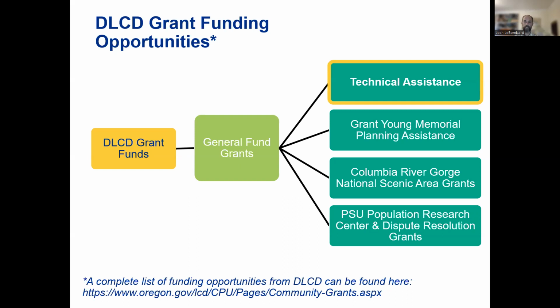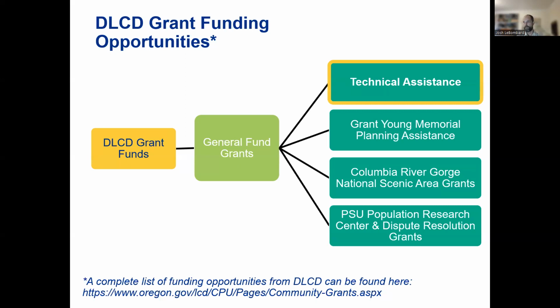Our budget for technical assistance this year is, I think, roughly 1.7 million or so. But that is broken up into a few different categories. We have the Grant Young Memorial Planning Assistance, which goes to smaller jurisdictions. That's a set amount to jurisdictions.